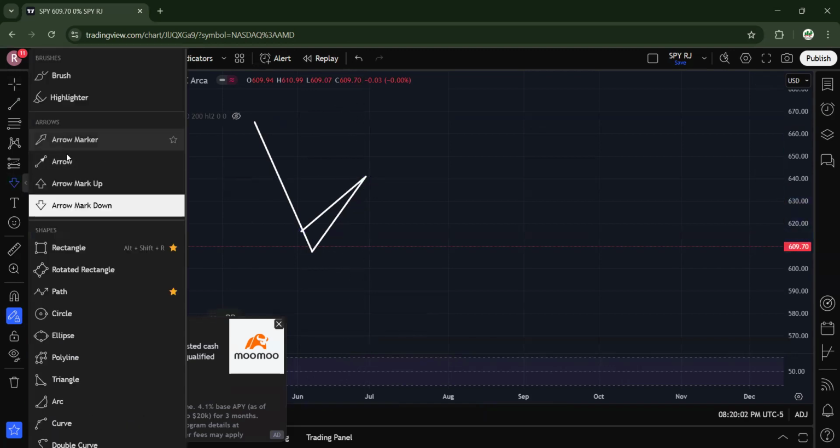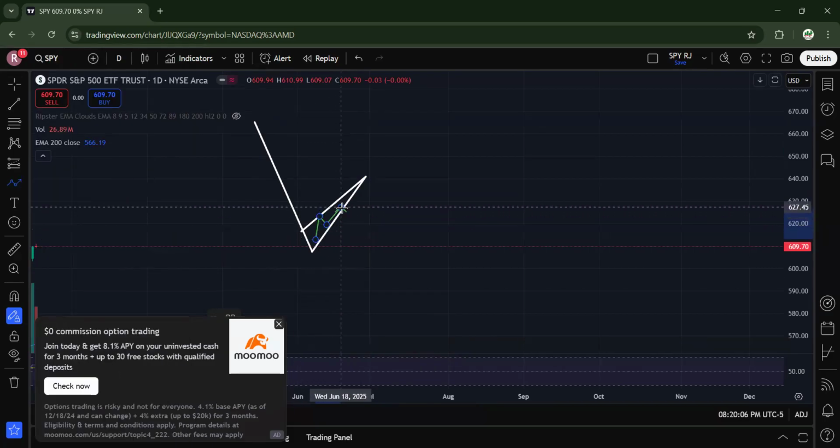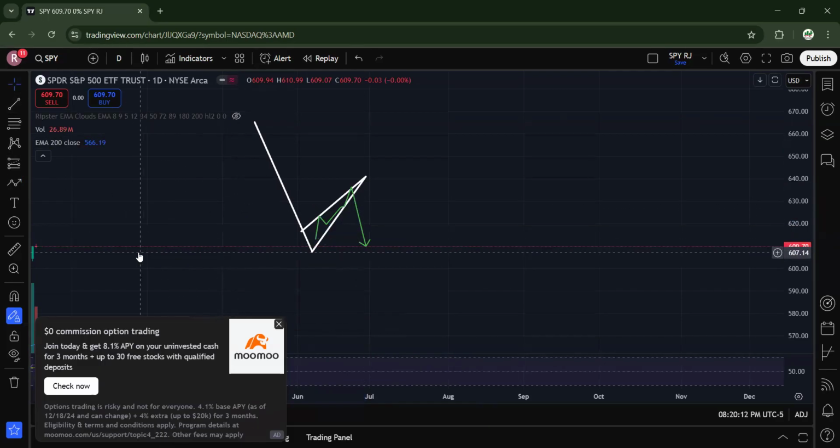You're looking for it to break down in the same manner as a bear flag. So a rising wedge is a bearish pattern and it's a reversal pattern.